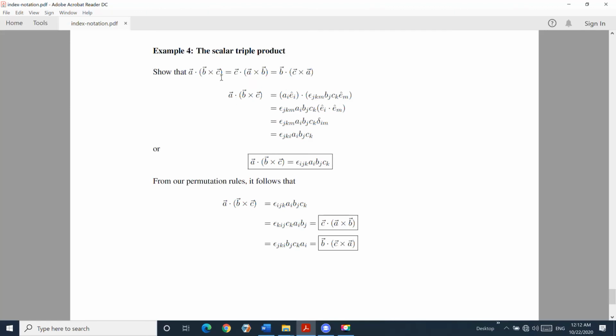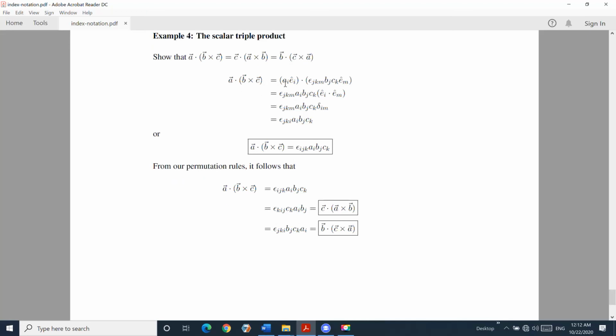Okay, we just take the left here and we write the vector A in this form. Then we write the cross product between B and C. We showed how we wrote it like this above. Then we can get the dot product between e_i and e_m.